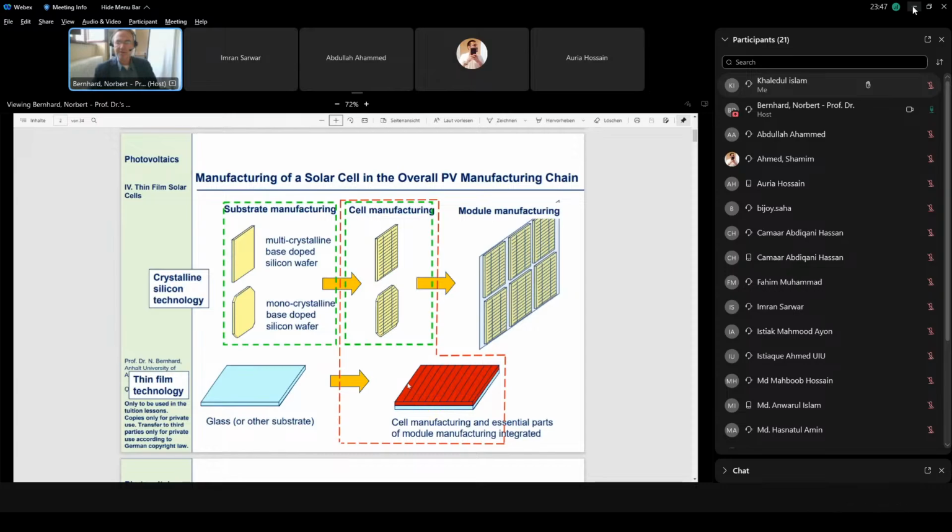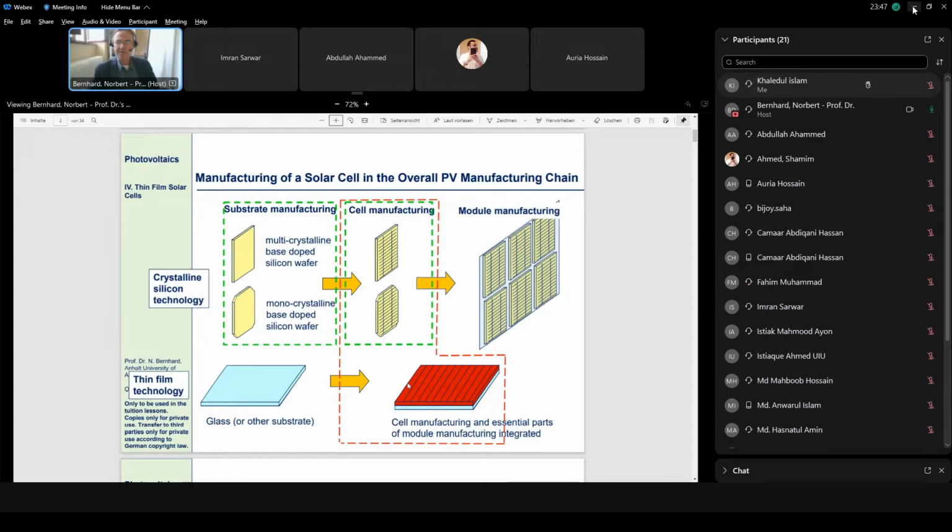Okay, let me first give you a definition of what a thin film solar cell actually is. It's a solar cell of a thickness in the range of less than 1 micrometer or a few micrometers. And since they are so thin, they have to be made of a strongly absorbing semiconductor material.